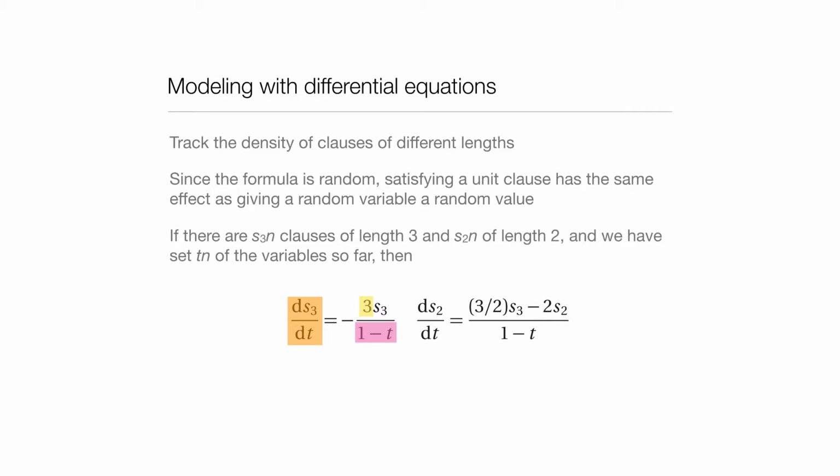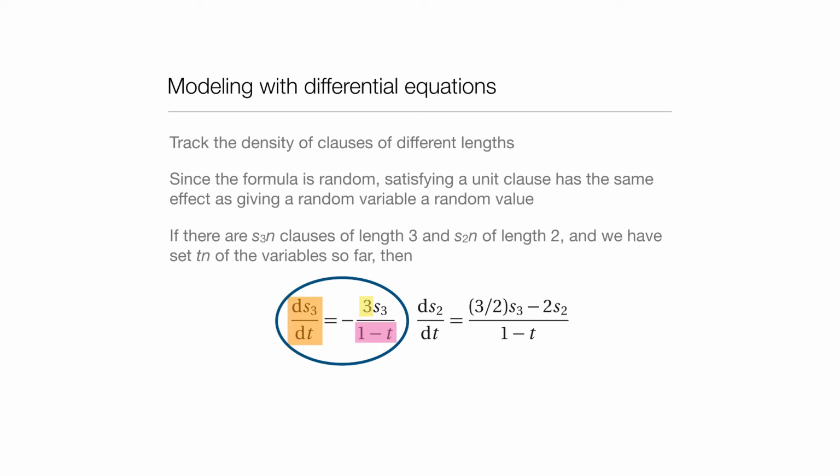We scale away that factor of n to make the differential equation, and we get 3 over 1 minus t. And that's the probability that a particular three variable clause disappears, either by getting satisfied and leaving, or by being shortened into a 2 variable clause. And so this differential equation gives us minus 3 over 1 minus t times s3.